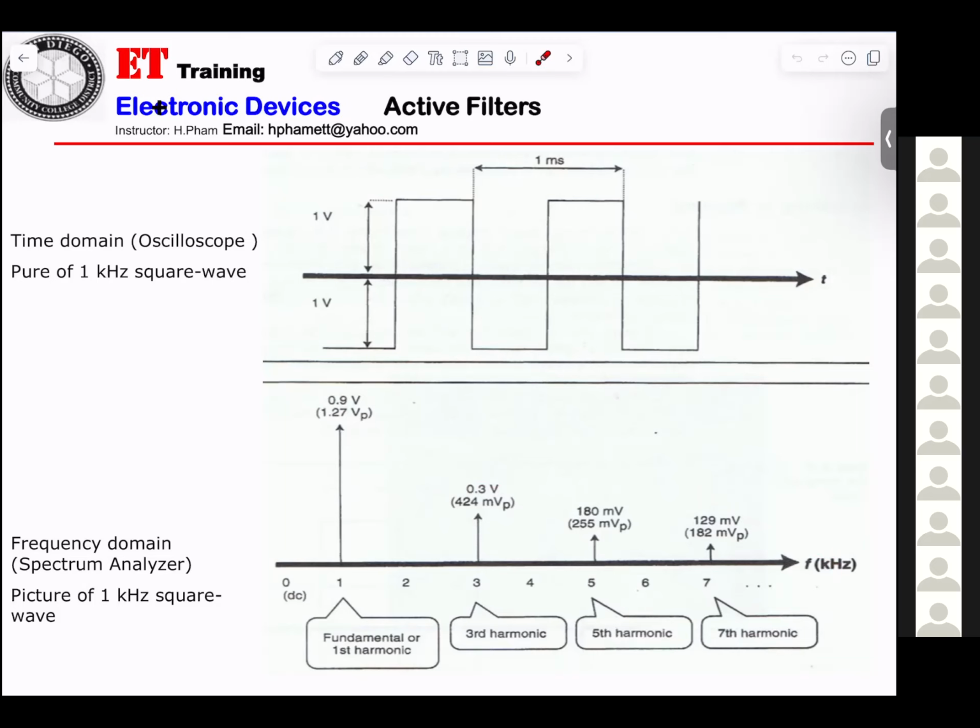Now, after you're done with Tech 1, you already know how to work with this one here. Okay? And when you get the time, you want to learn more about spectrum analyzer. We have the equipment for you to exercise. You know this equipment, spectrum analyzer, how much it cost? 24,000. Okay?